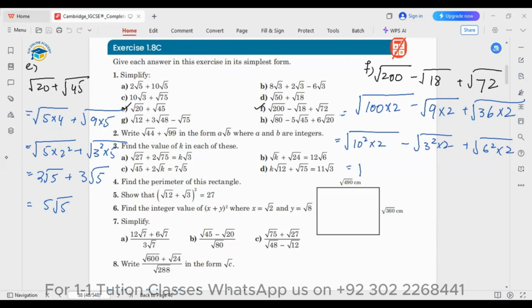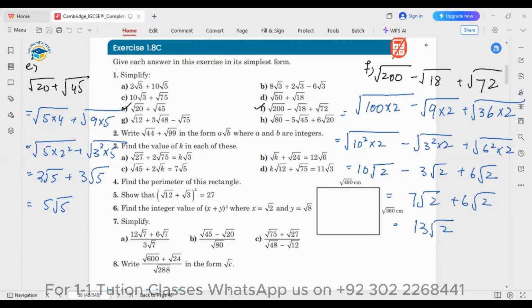So now just make the numbers outside with the squares. We have 10 square root 2, 3 square root 2, 6 square root 2. So all these numbers are having square root 2 with them, so we can add and subtract the surds easily. 10 minus 3 will be 7 square root 2, and adding this 6 square root 2 along with this, 7 and 6 will be 13 square root 2. So this is your part number F.